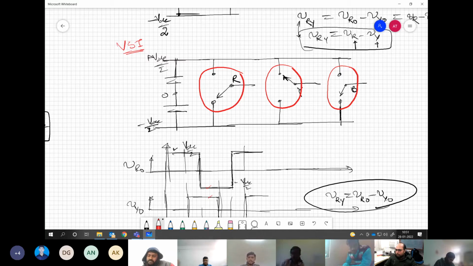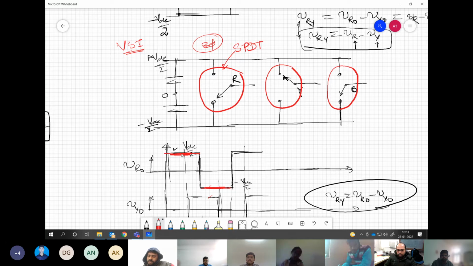Am I clear? Now, important point to note over here is when we have single pole double throw switch everywhere, we have only 2 possibilities for the output. Is there any third possibility for this? I am talking particularly for 3-phase converter, not single phase.